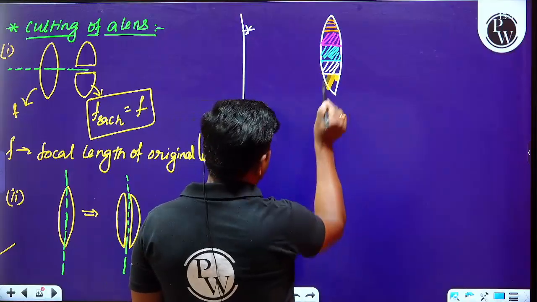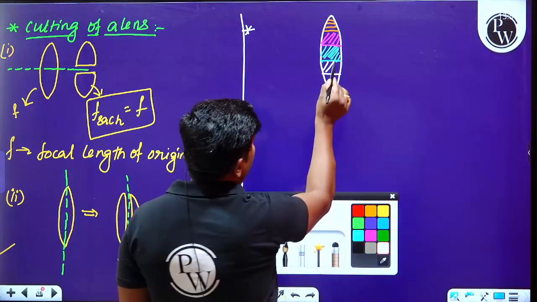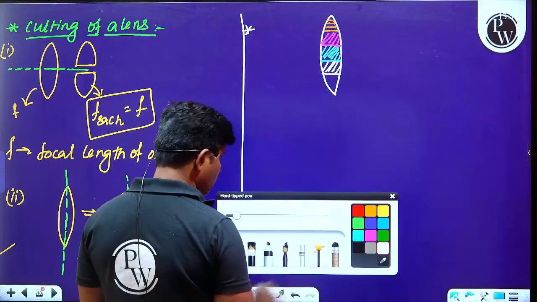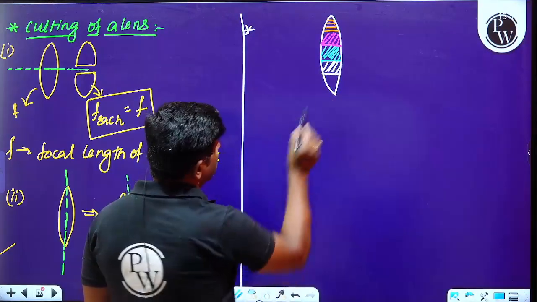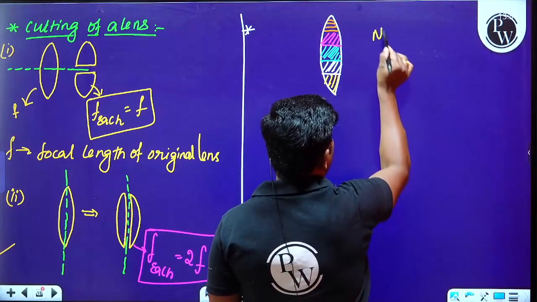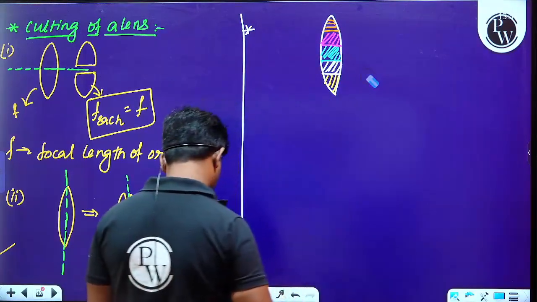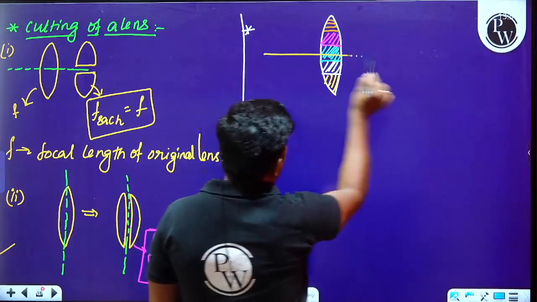Whenever we consider a lens made up of n different materials, I will show the diagram and later explain.